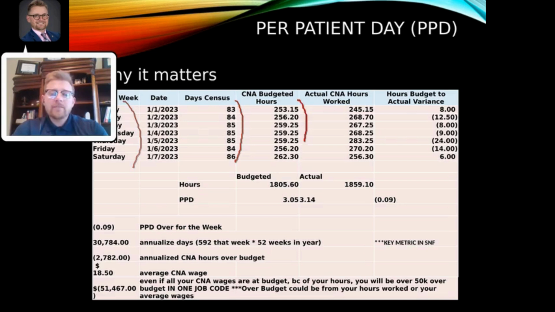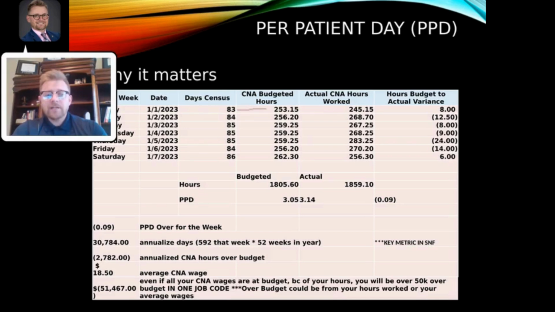So we have the same budgeted hours PPD for our CNA job code. It's doing the same thing. 83 heads in the bed times our budget of 3.05 tells us how many hours we're allowed to staff for that day. So why does it matter?